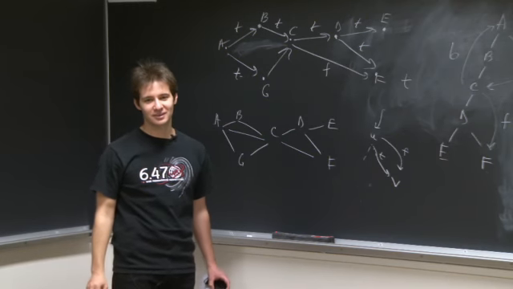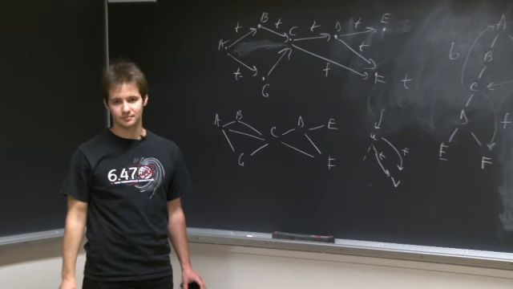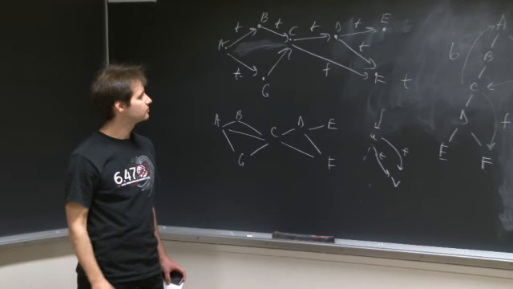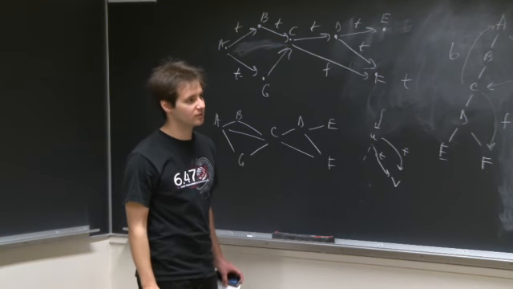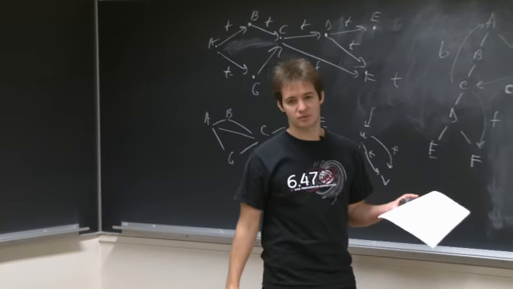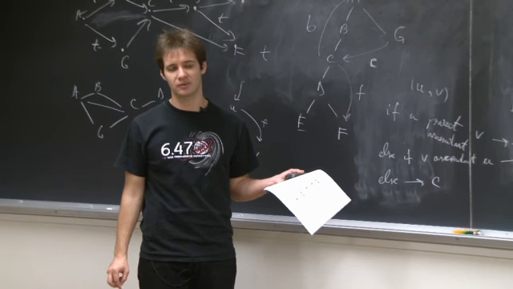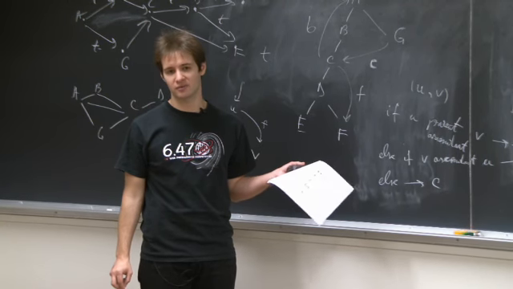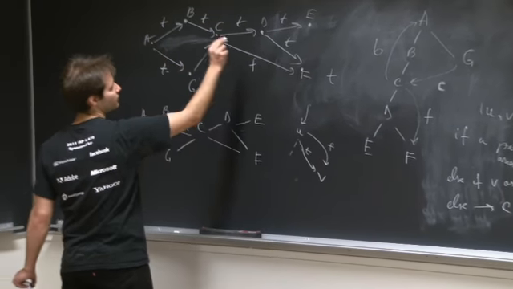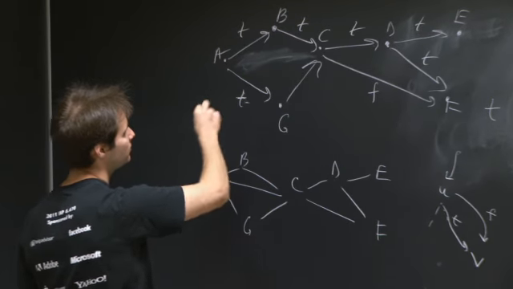So A, B, C, D, E, F, G, and you print G, F, E, D, C, B, A. So we print them in the reverse order of the order in which you visited them.